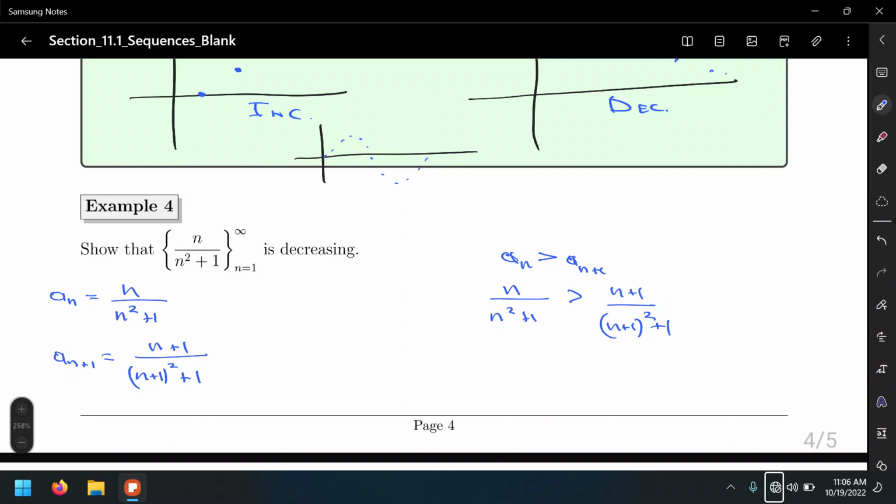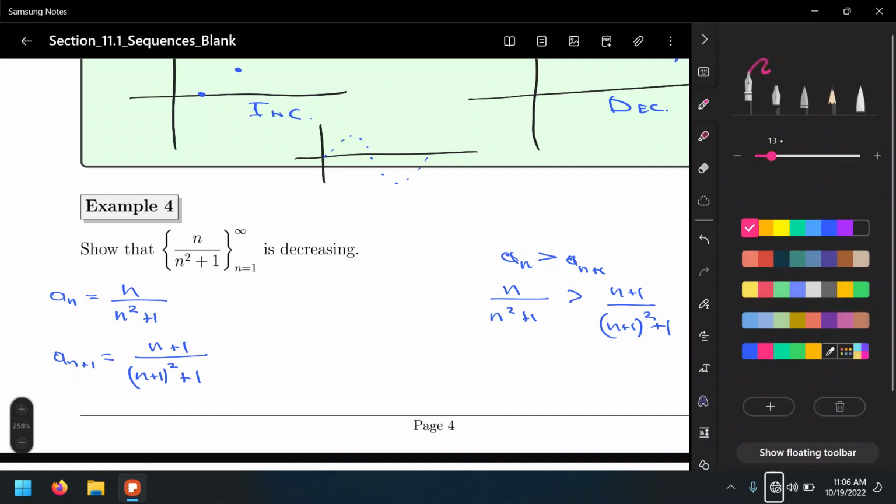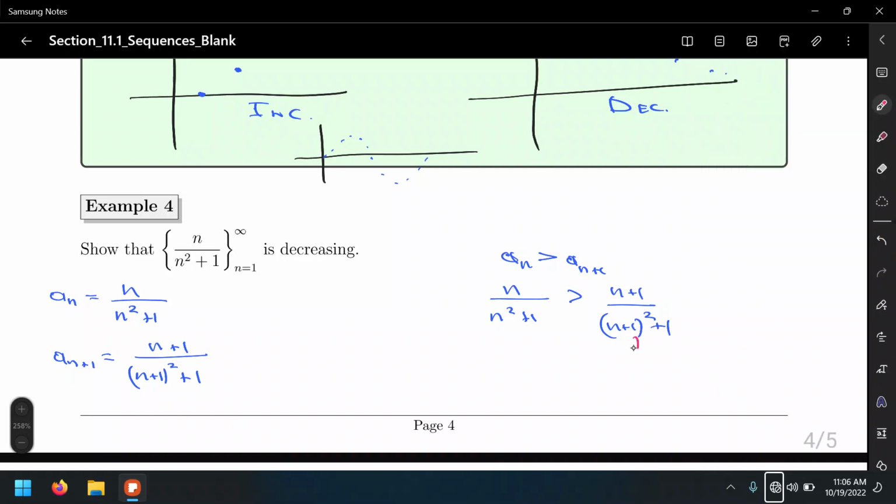Well, essentially, this quantity n squared plus 2n plus 1 plus 1, that is n squared plus 2n plus 2, compare it with n squared plus 1. That's indeed bigger. So that means the denominator on the right hand side will be bigger, giving us a smaller quantity than that on the left hand side.